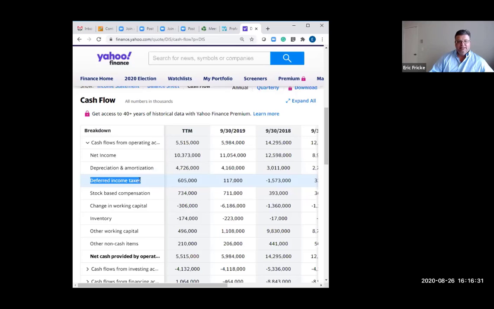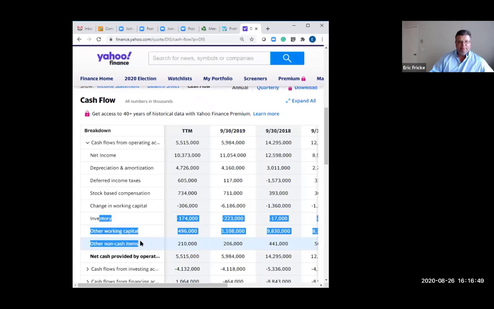Deferred income taxes can be a real pain in the neck to calculate. Stock-based compensation, we're not going to worry about that right now. But here, a big one is change in working capital, right? And then they list three types of working capital: inventory, other working capital, and some non-cash items.